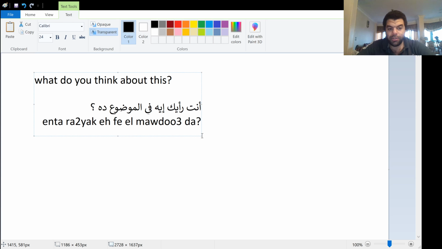Okay, the numbers, I mentioned this before, the numbers represent Hamza, for example. And number 2 represents Hamza, number 3 represents Ayn. أنا شايفة إن الدرس ده مفيد. Yes, that's good.